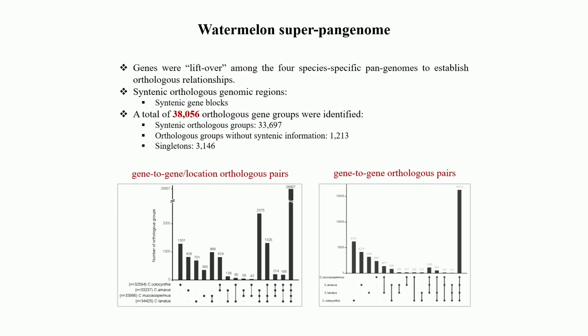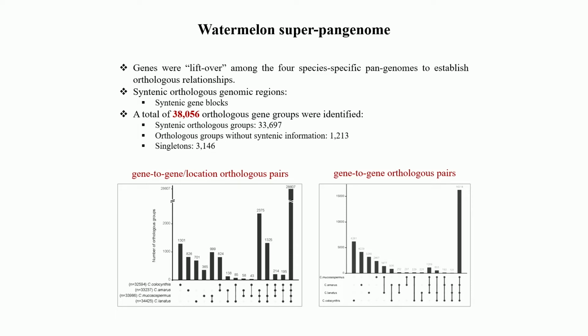Okay, with these 4 reference genomes, 4 pangenomes, now we build a watermelon super pangenome by integrating the pangenomes of the 4 species. We use an approach using the gene leftover among the 4 species to establish the orthologous relationships.